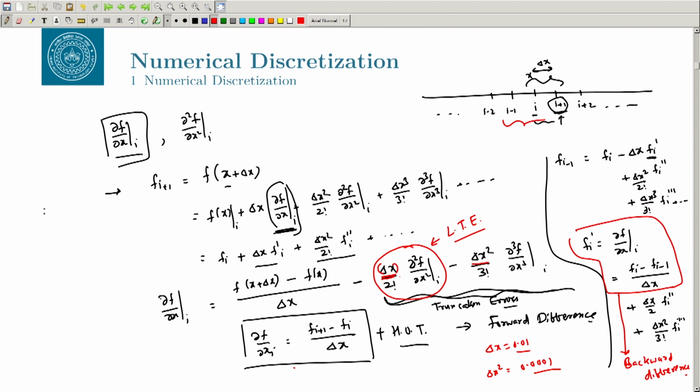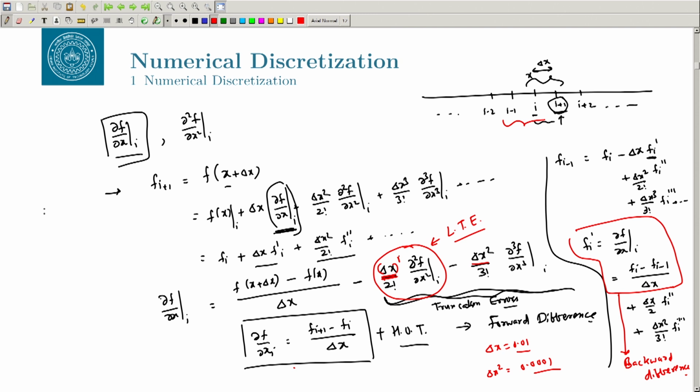Let us say it were delta x square, then your error is going down as delta x square. The higher the power of delta x, the more accurate your scheme will be, because as we will see very shortly, for a given grid size you get very high accuracy if you have second order or third order and so forth. This is a first order scheme because the power of delta x is 1. If the leading truncation error had a term with the power of 2, then that becomes second order accurate.